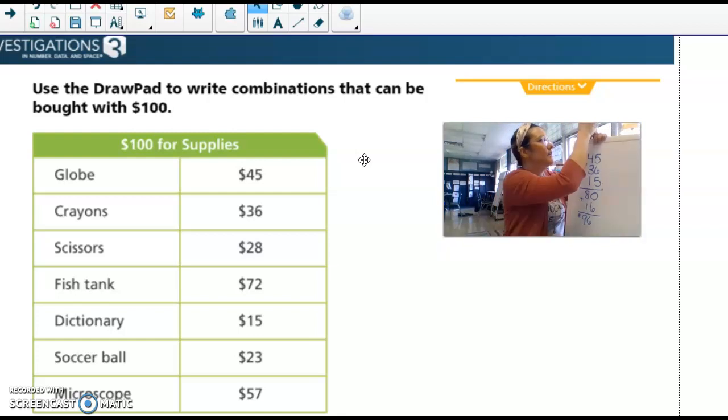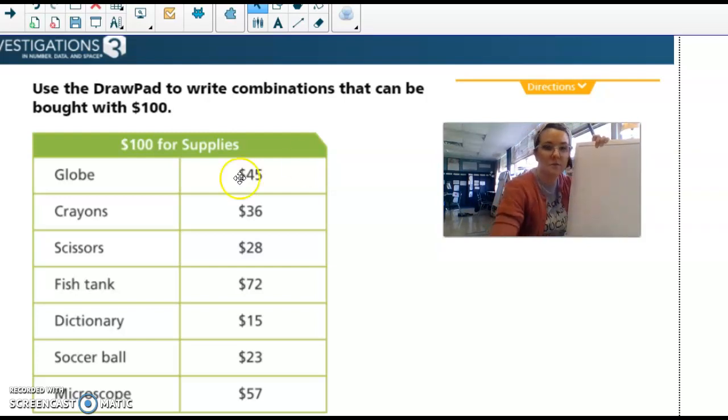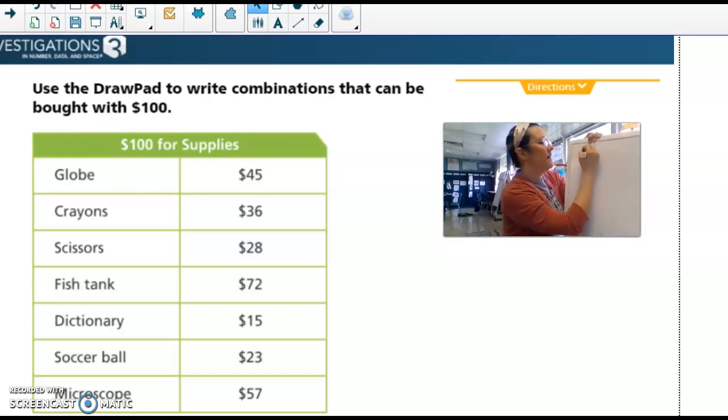Okay. Are there any other combinations of more than two things? Well, you know, we like to go outside and play. So I know if I have a soccer ball for 23, I could still buy that microscope for 57 because I know that 20 plus 50 is 70 and I have a combination of 10. So I'm at 80 right now.